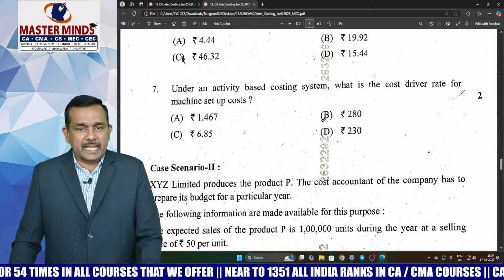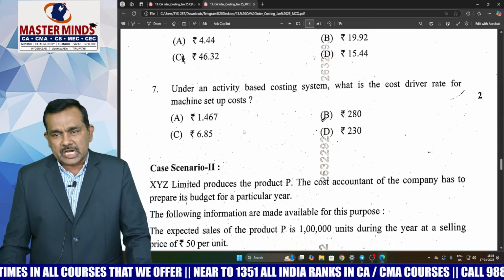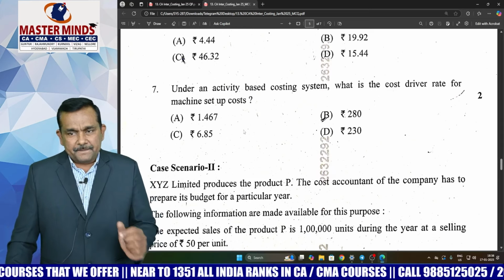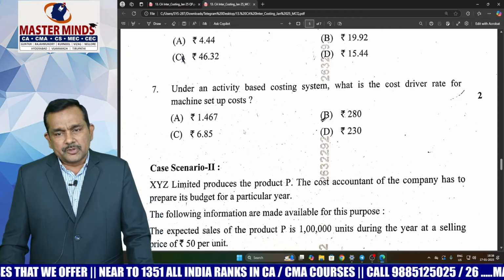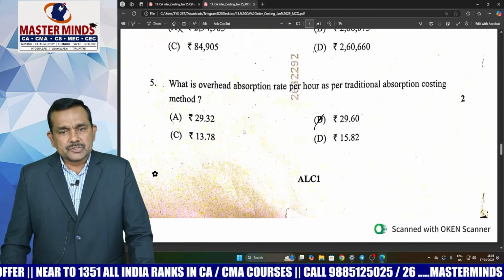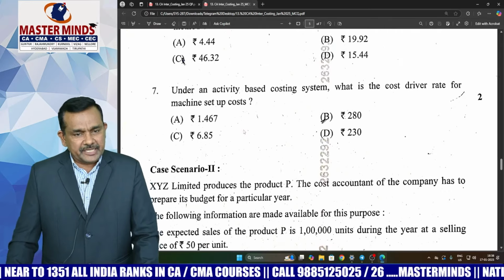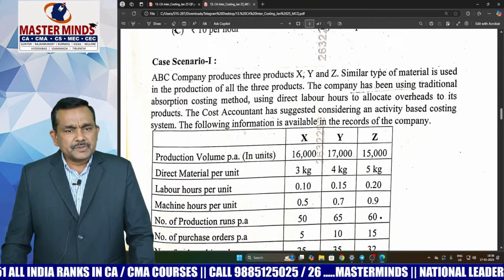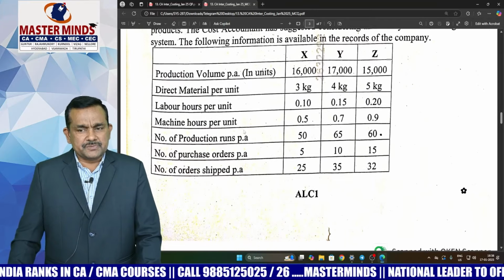Next, under an activity based costing system, what is the cost driver rate for machine setup cost? So here, machine setup cost overhead amount divided by number of setups, sir. Then we'll get the cost driver rate. So dead easy question, sir. This is the ABC chapter, sir.